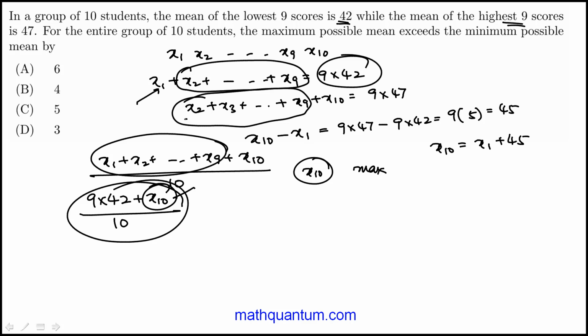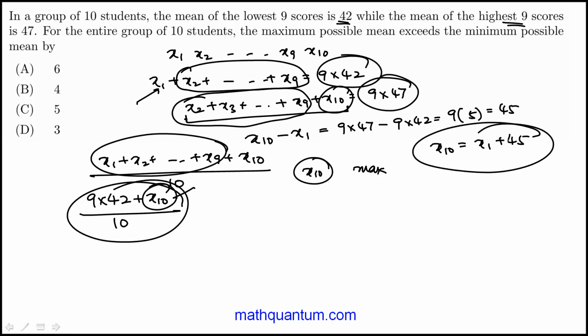Well, you'll notice that the average of the highest 9 is 47, so the highest would be, actually no, the other way I have to think. So if I look at this relationship and I want to maximize x sub 10, I need to make x1 as large as possible. Now if I know that the average of the lowest scores is 42, 42 is the most I can make x1.